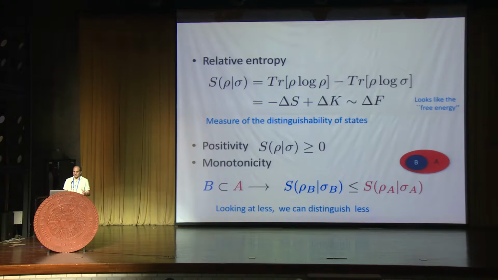So the bigger the relative entropy, the more distinguishable the two density matrices are. And this inequality underlies a lot of the proofs that one can find in quantum field theory.